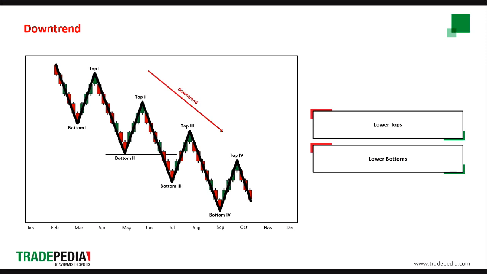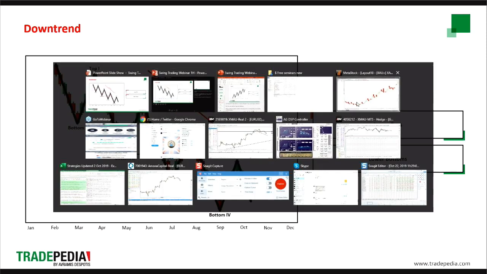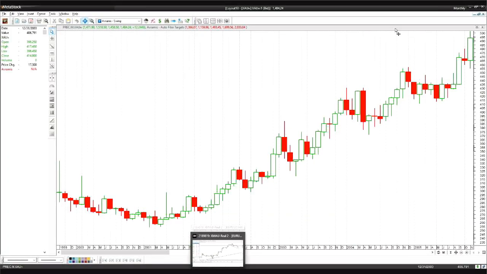So if I go to Metastock here and try to identify what is the trend in front of us, what are the conditions we set? Let's start our analysis from the lowest point here. Okay, let's go together over the analysis process we just spoke about.